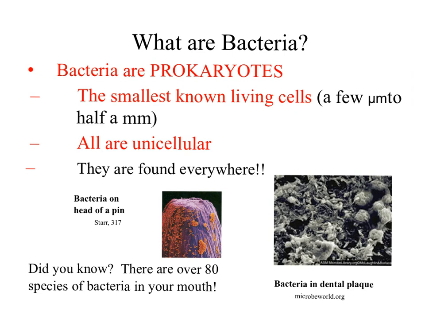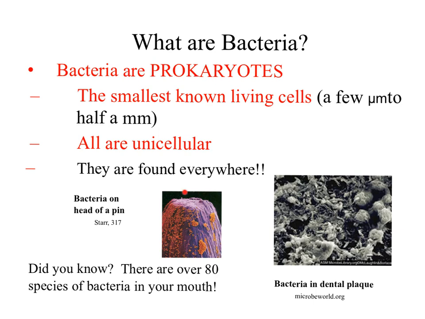So bacteria are prokaryotes. They are the smallest known living cells. Notice I said living. And all are unicellular. So all bacteria are prokaryotes and unicellular. They're also found everywhere. And when I say everywhere, I mean literally everywhere, on probably every surface.